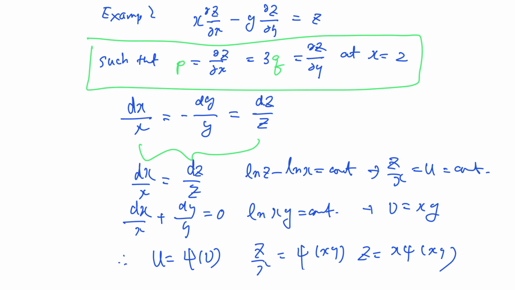So the general solution is u equals psi of v, and we have z is x psi of xy.